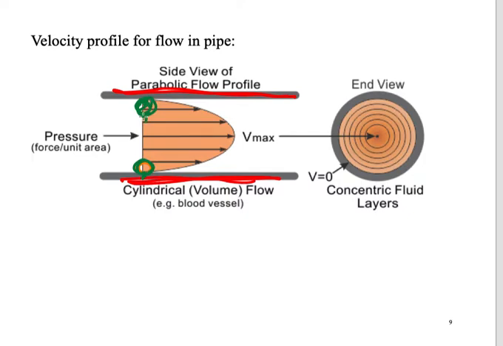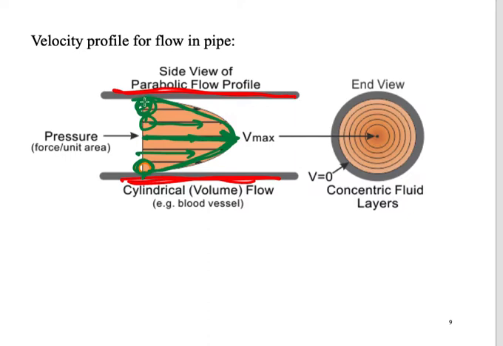Another molecule will travel at a certain velocity. And then at the middle, at the center line here, the velocity in the pipe will reach its maximum velocity. So we could draw the velocity profile like this.